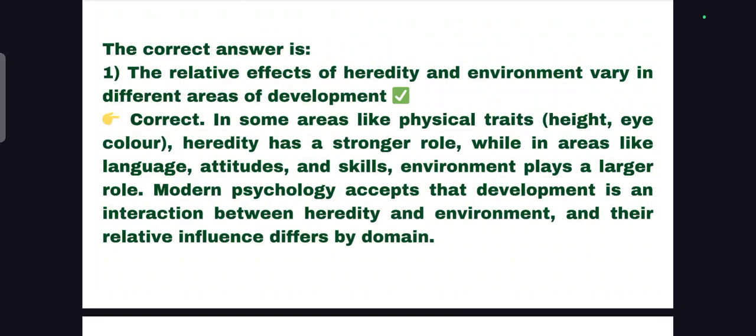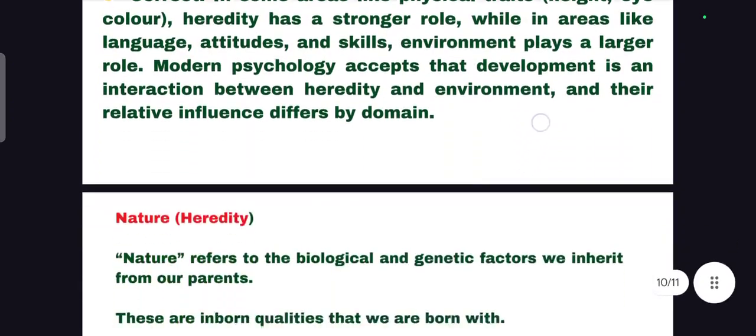One of the most important points: development is a result of interaction between both heredity and the environment. That means the development of a child depends upon both, not environment alone and not heredity alone, and their relative influences differ by domain. That is the correct answer.